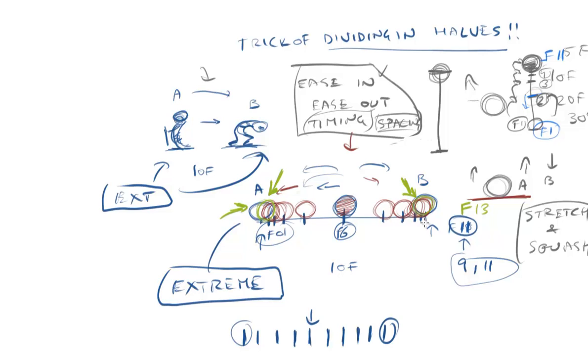And then it would be the same. Obviously the center would become frame 7, because frame 1 won't change, and frame 11 would become frame 13, and it would just shift as we add one here. You don't have to change the complete animation, and you don't have to even think about the timing and spacing, or think of easing in, easing out, once you understand this concept of dividing in half.